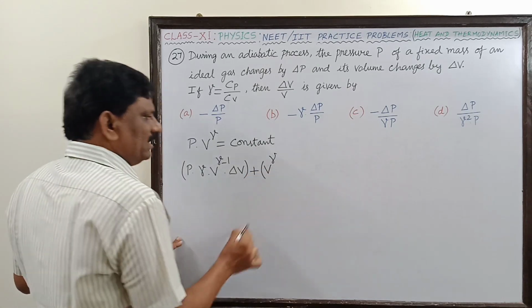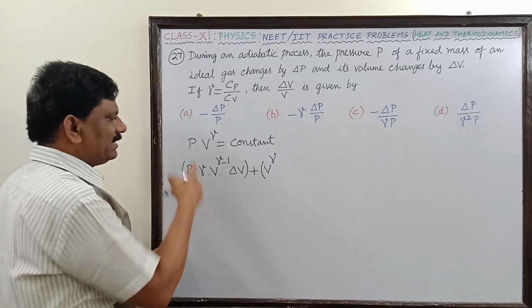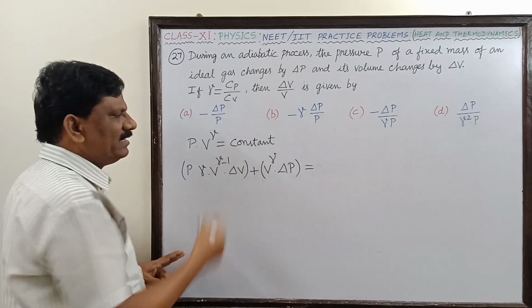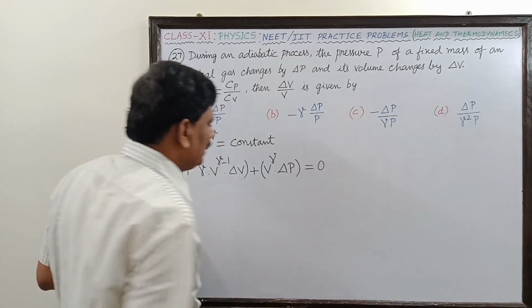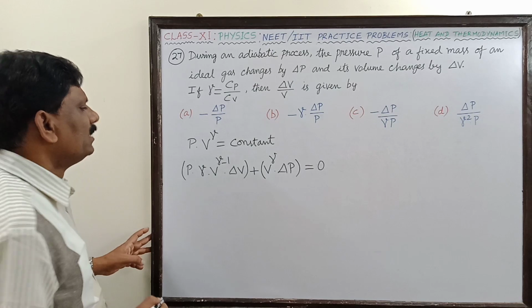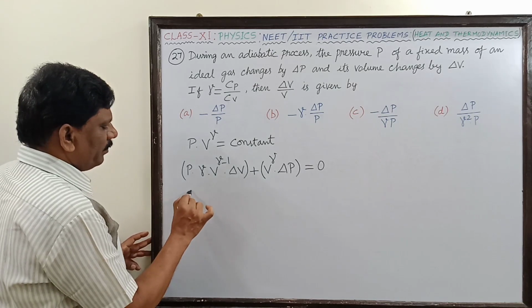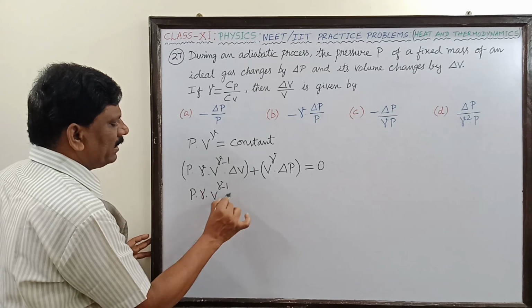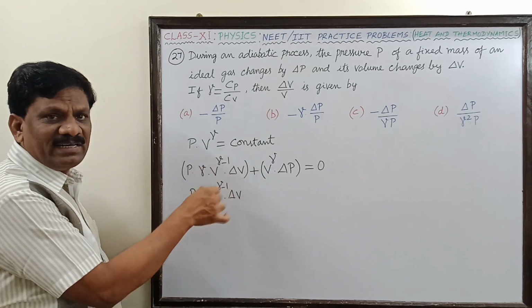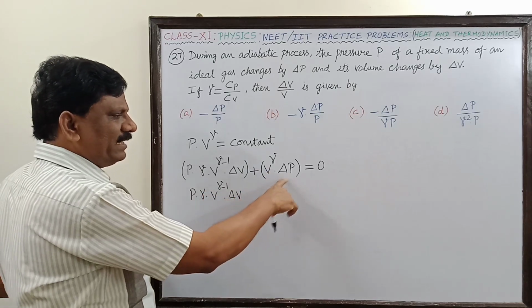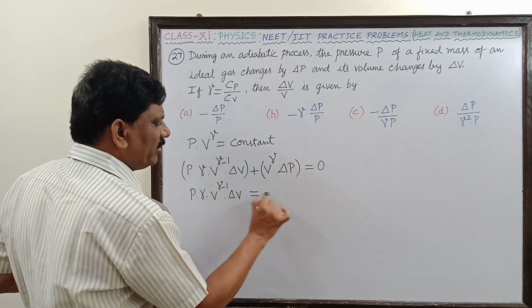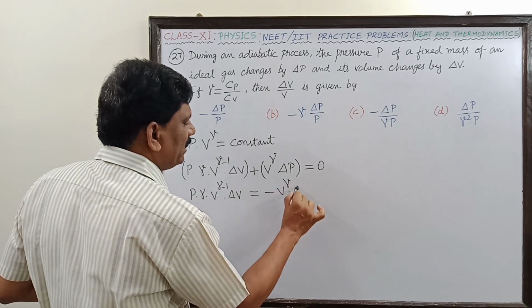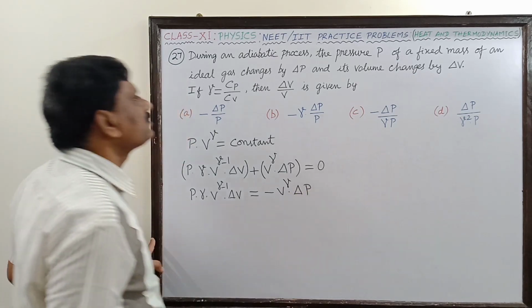In the second term, V power gamma is kept constant, P is differentiated, so this will become delta P. And on the right hand side, differentiation of a constant is equal to 0. Now P into gamma into V power gamma minus 1 into delta V, I will retain on the left hand side. The second term is taken to the right hand side so that it will become minus V power gamma into delta P.